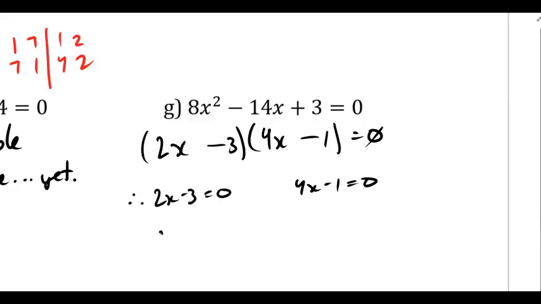So move the 3 over. Positive 3 divided by 2. Move the 1 over. Positive 1 divided by 4. Everybody okay with this? Nothing really new there, just something to practice. Getting the answers as fractions is something you need to know how to do. Don't get 2 over 3. It's 3 over 2.